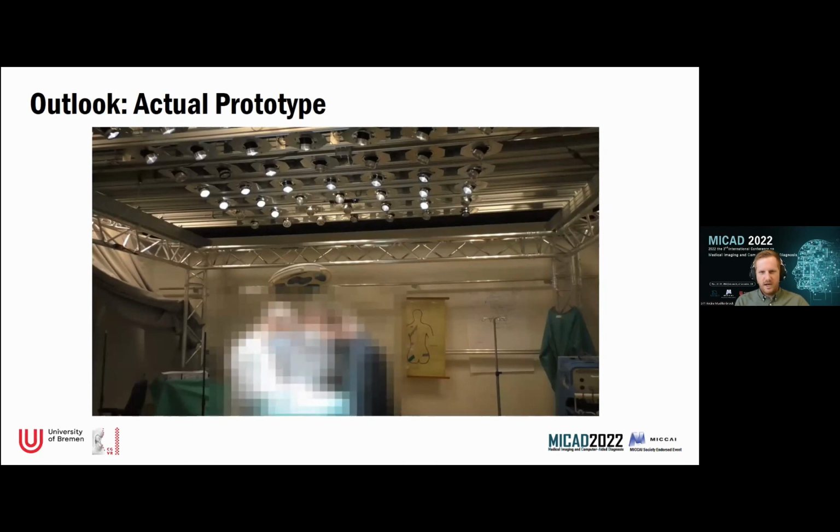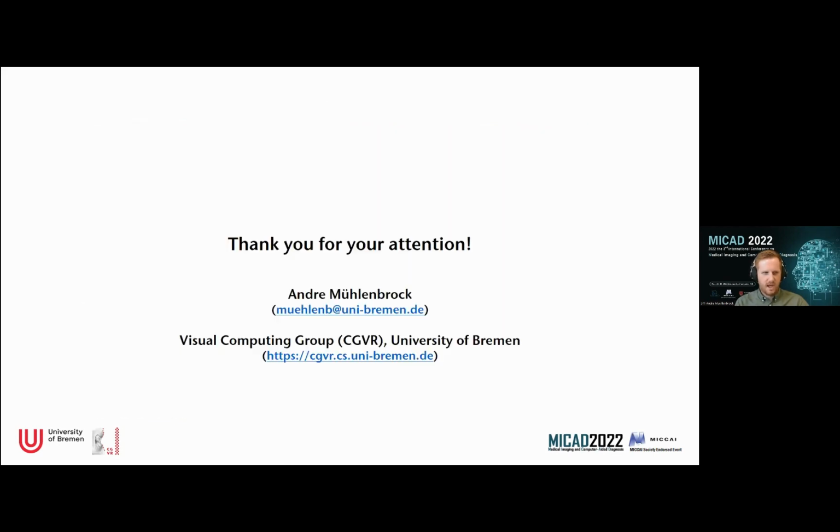And currently we are evaluating an actual prototype with our project partners, which uses exactly the presented optimization pipeline we developed. And I can already say this much: both the measurements we are currently performing and the feedback we have received are very promising. So stay tuned, and thank you very much for your attention.